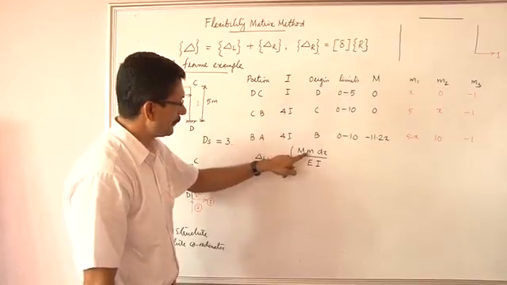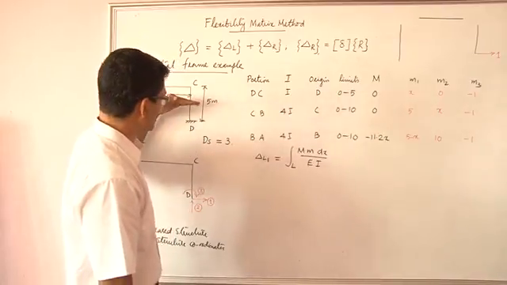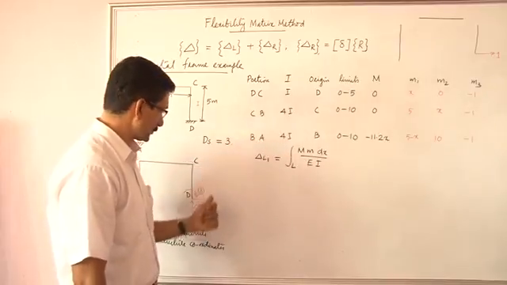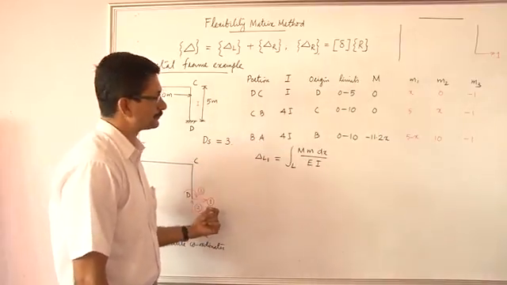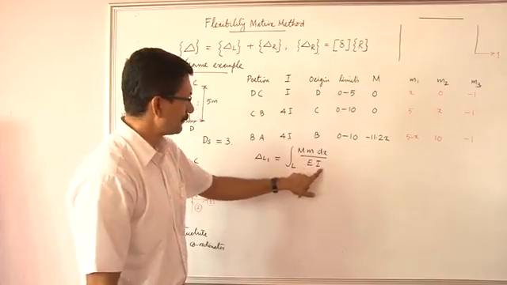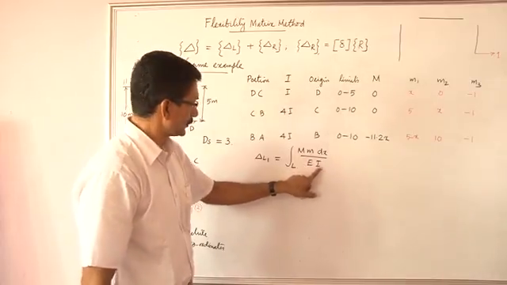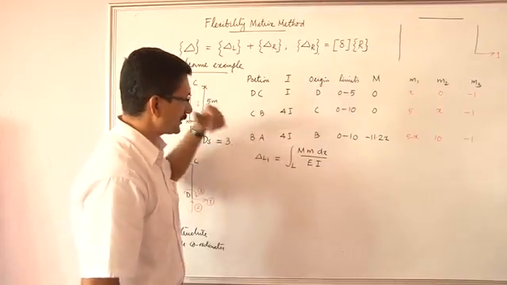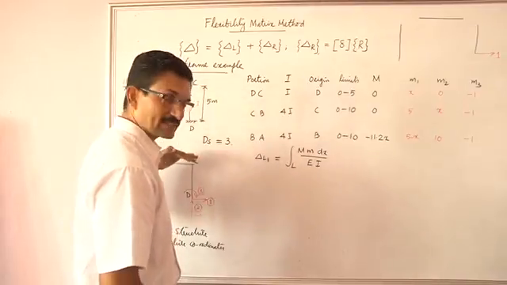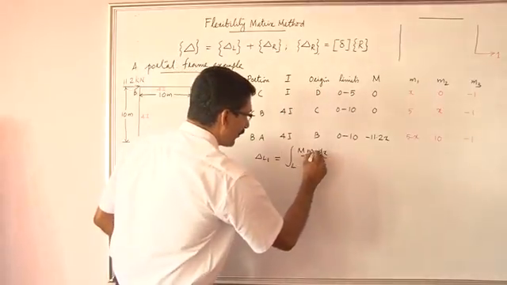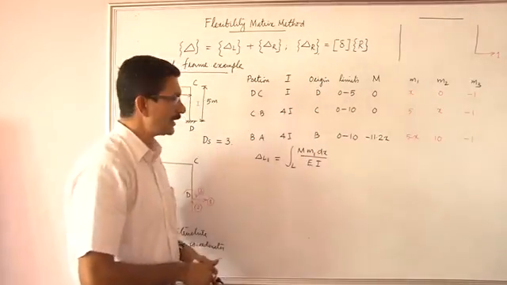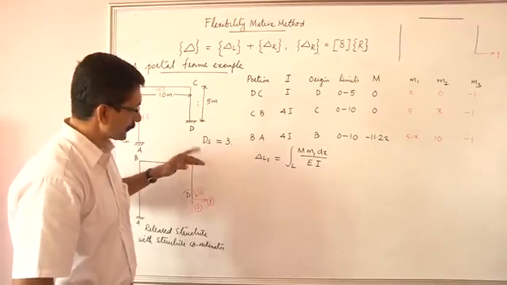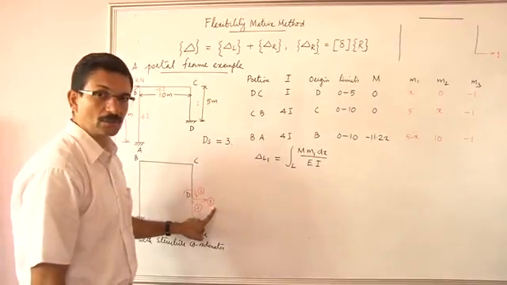Small m will be the bending moment at the same section due to a unit point force applied corresponding to the coordinate in question, and E and I are Young's modulus and moment of inertia for that particular portion. So delta L1 specifically will be capital M due to externally applied forces in the release structure into m1, which is the bending moment at a section due to a unit point force applied along coordinate number 1.